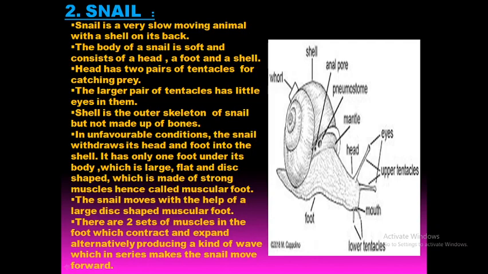Now, the snail, as we all know, is a very slow moving animal with a shell on its back. The body of the snail is soft and consists of a head, foot, and a shell. The snail's body is very soft, as you must have seen, covered with the shell.